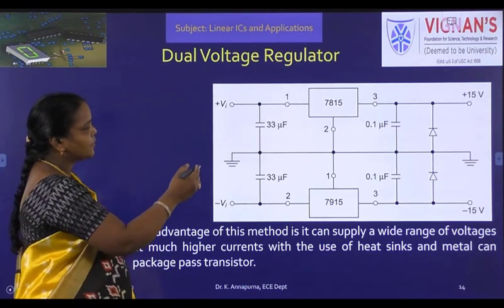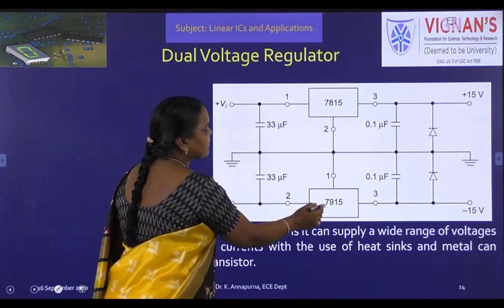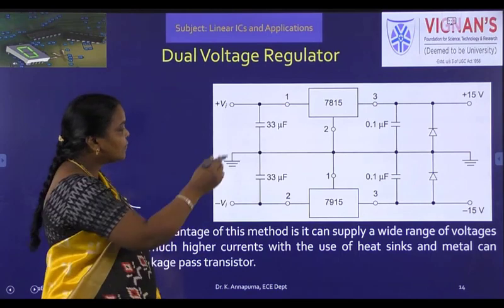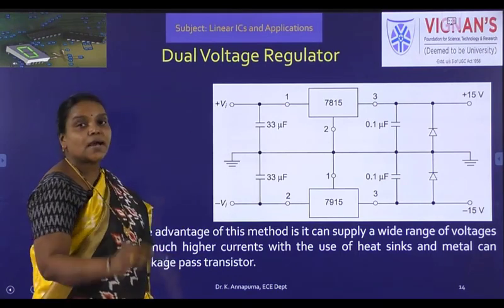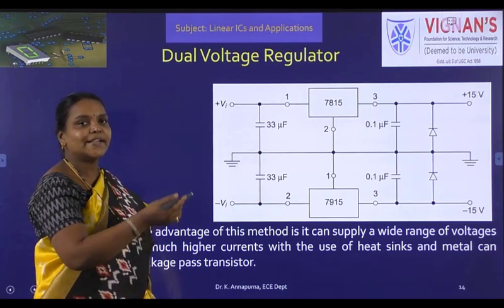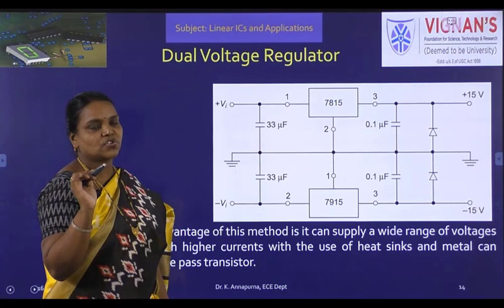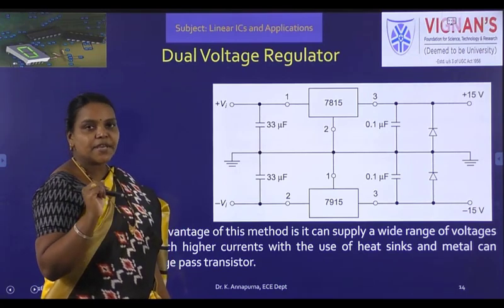Here we are using 7815, which gives plus 15, and 7915, which gives minus 15. The advantage of this connection is that we can get high currents because heat sinks will be provided, so the circuit will not be damaged, and a wide variety of voltages can be obtained.